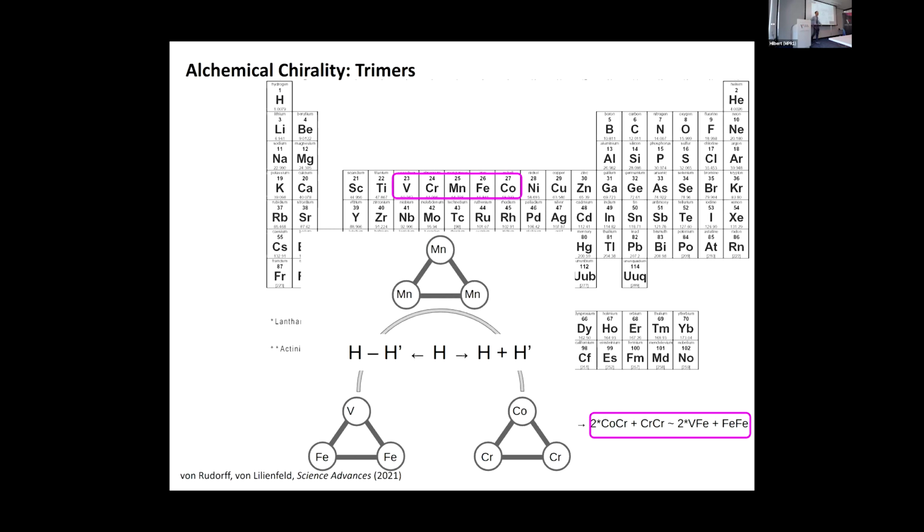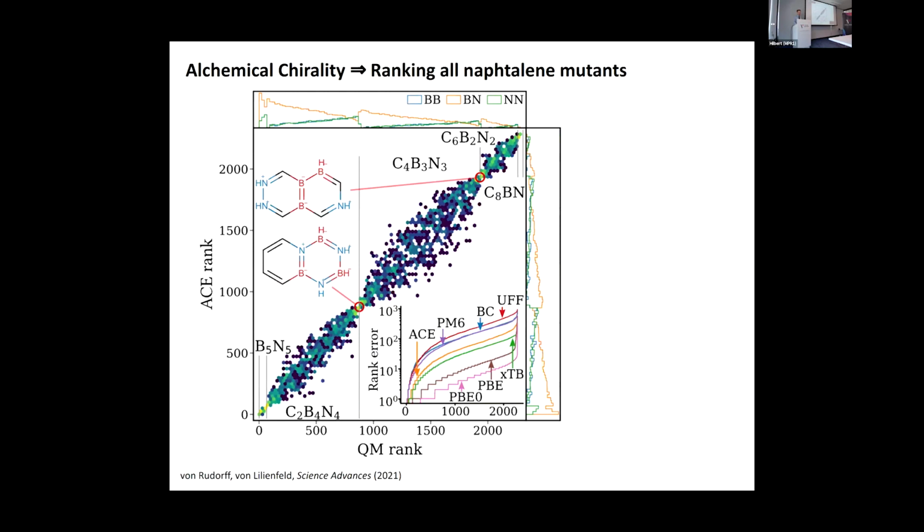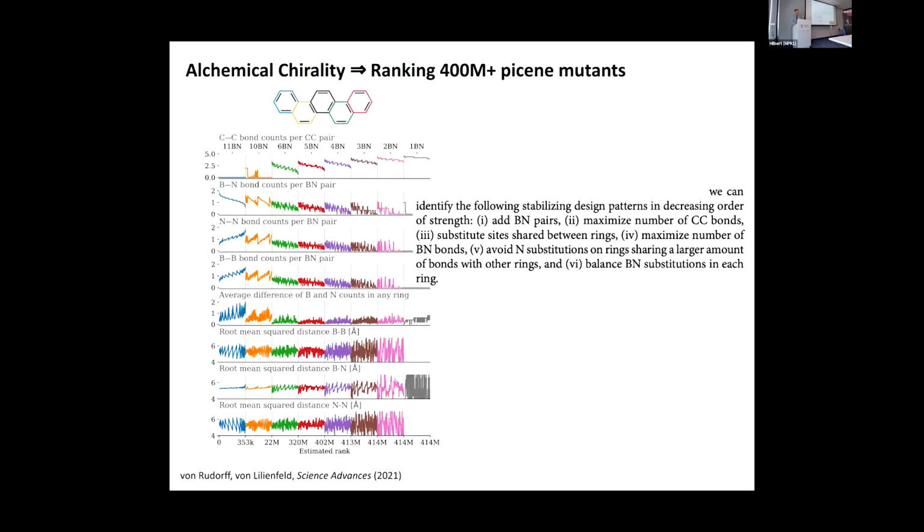Now, these 2 have the same energy, right? Of course, you can do this with any other atom pair. So you can use this to rank molecules. You see here the symmetry-based rank with the QM rank, right? So there are trends throughout chemical compound space that are truly based on physics, which, again, we would like to rediscover or discover first with machine learning.